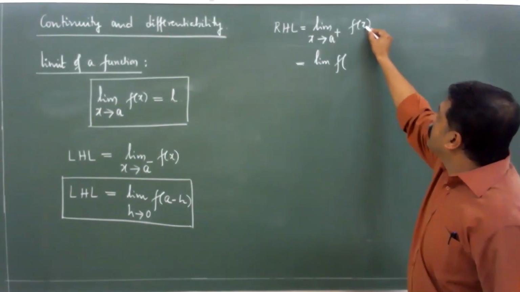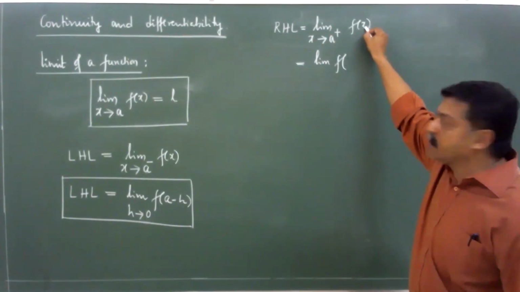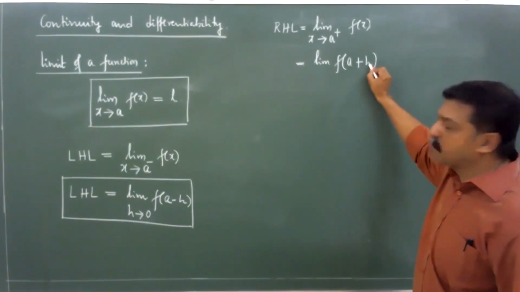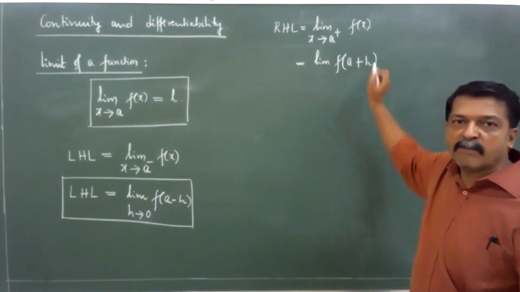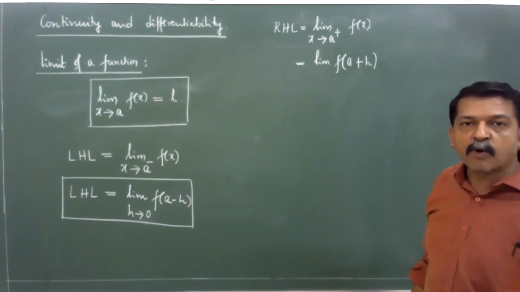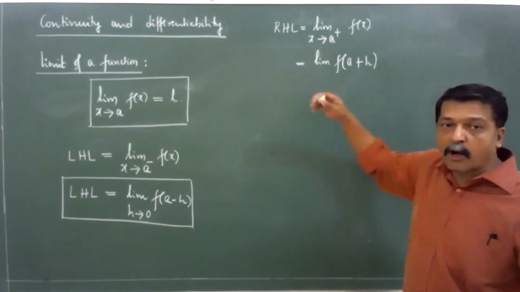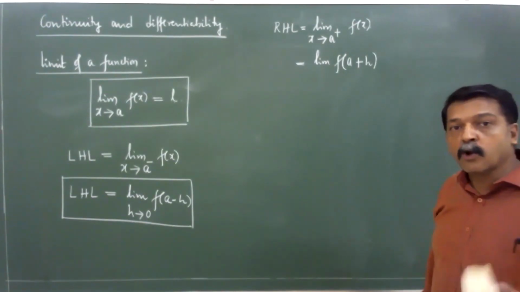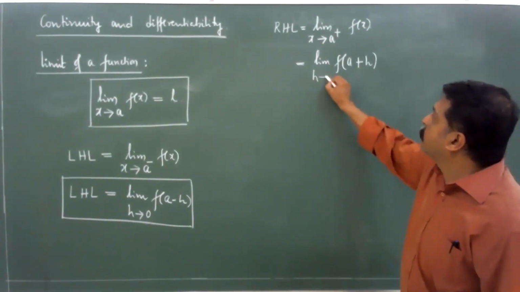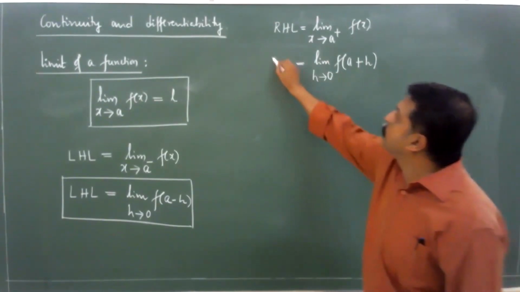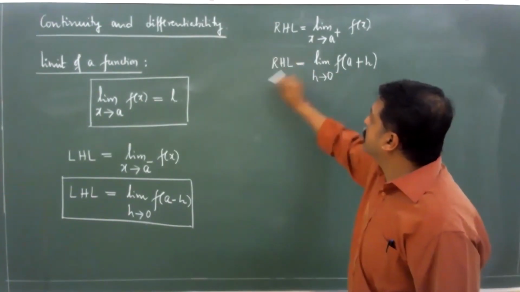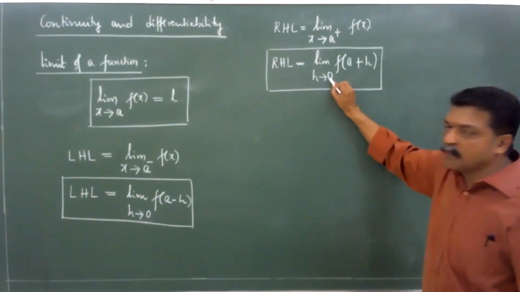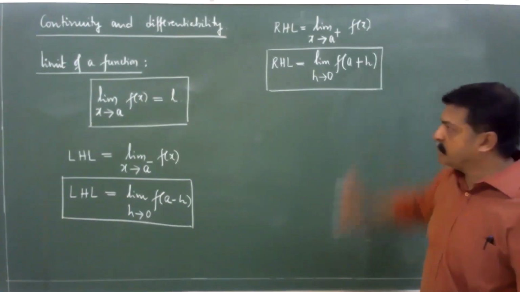That can be easily put in the function as f of a plus h. If h is positive, a plus h always gives you a value which is more than a. But we don't want all those values which are more than a. We want values which are close to a. For that, we take h tends to 0. So this is your RHL. RHL is limit h tends to 0, f of a plus h.